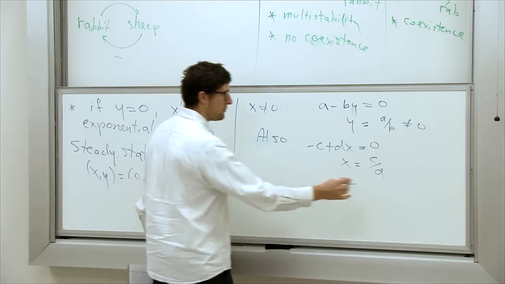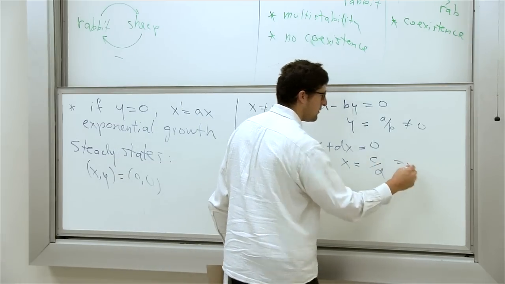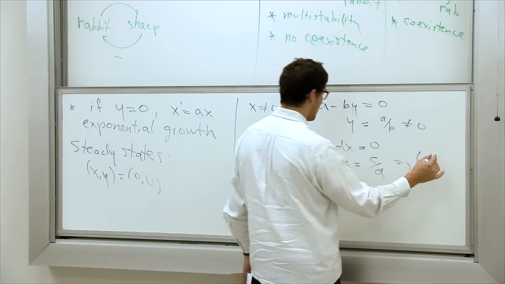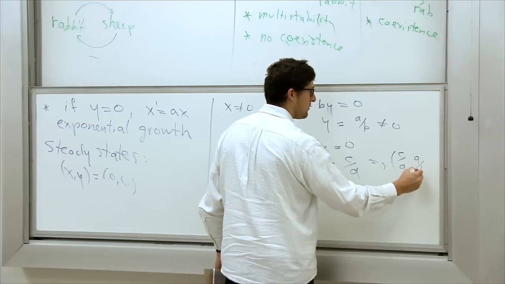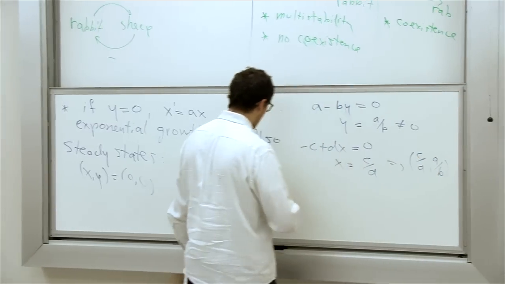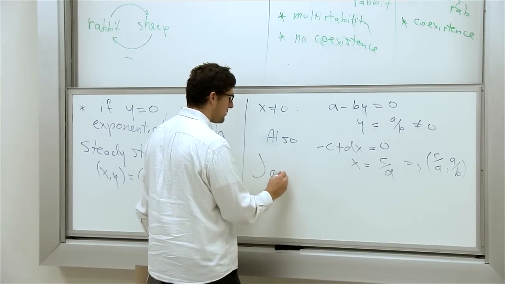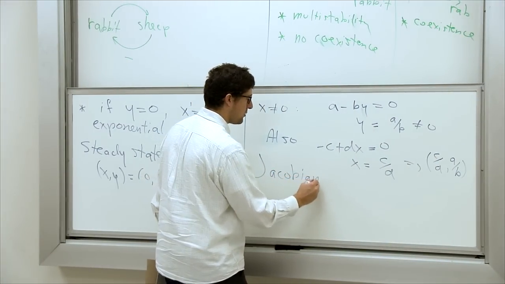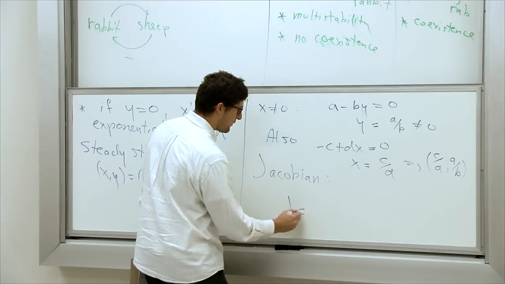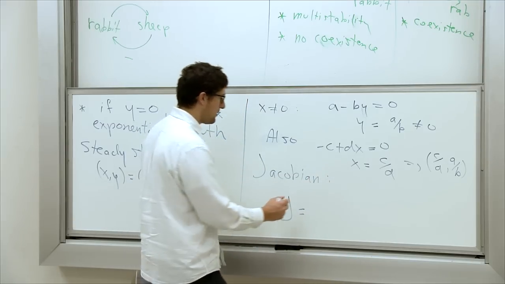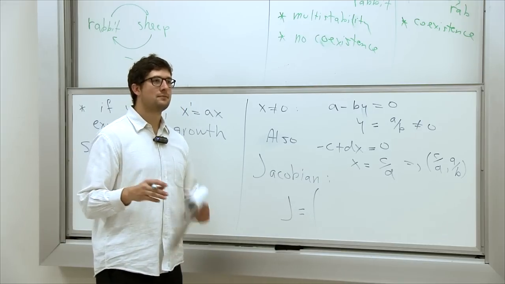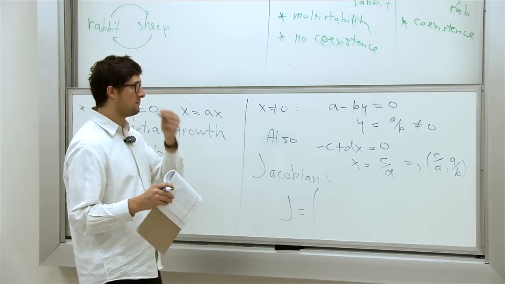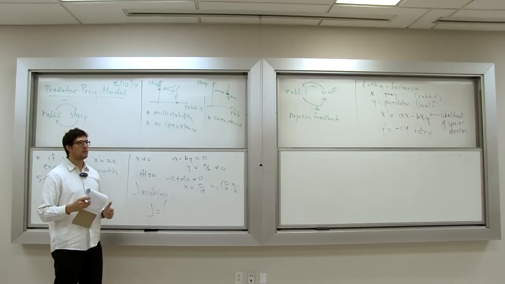What about the Jacobian? Okay, so we have the steady state c over d, comma, a over b. What about the Jacobian of this system? Does anybody want to try? Wilson? Yes, the Jacobian in general of that dynamical system.